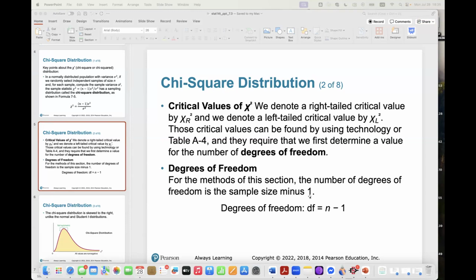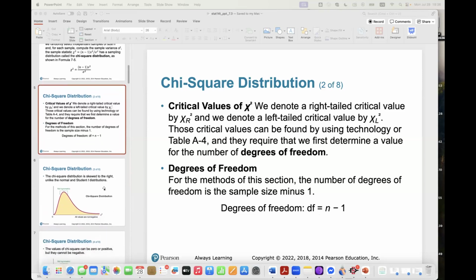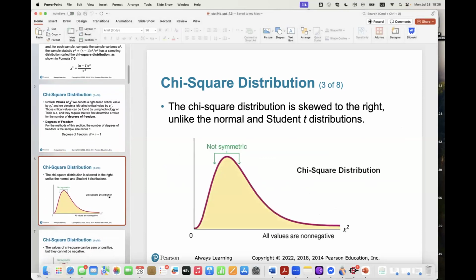So in this case, what is the degrees of freedom? For the methods of this section, the number of degrees of freedom is the sample size minus 1. So df is n minus 1. That's the formula for the degrees of freedom. So let's do an example, maybe you can understand it better.